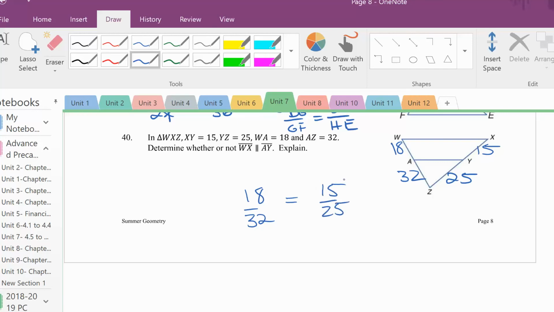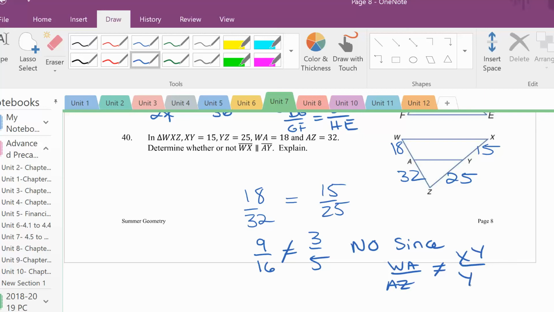When we reduce, that becomes 9 over 16, and this becomes 3/5. The answer to that question is no. So then it is not parallel, since WA over AZ is not equal to XY over YZ.